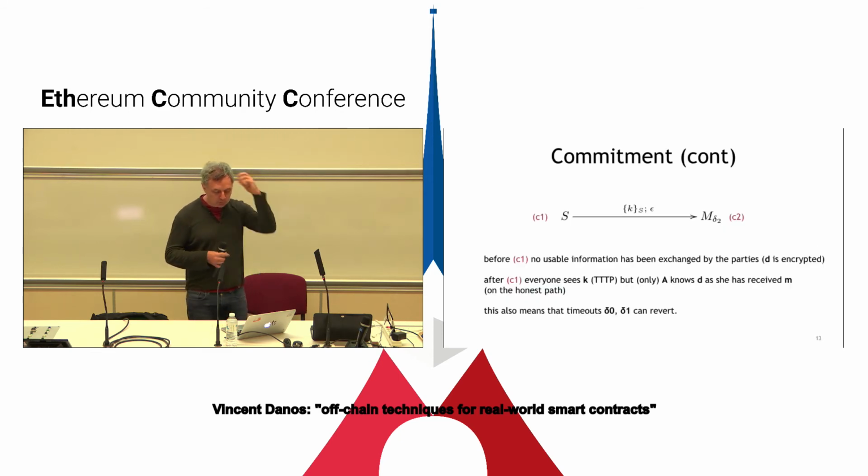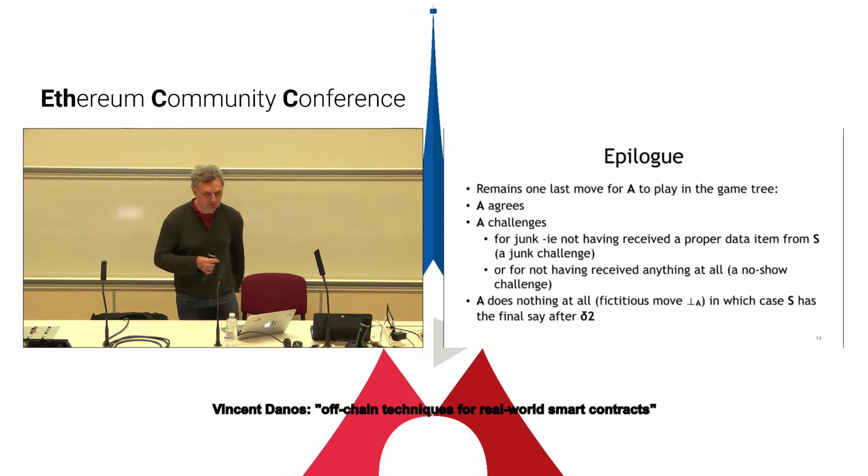So this is the commitment. So you authenticate, of course, the key, and the key means nothing to anyone except maybe for Alice if she actually received a message that was encrypted with that key. Everyone sees it, and we've said all that. And now we enter the interesting phase, which is the epilogue.